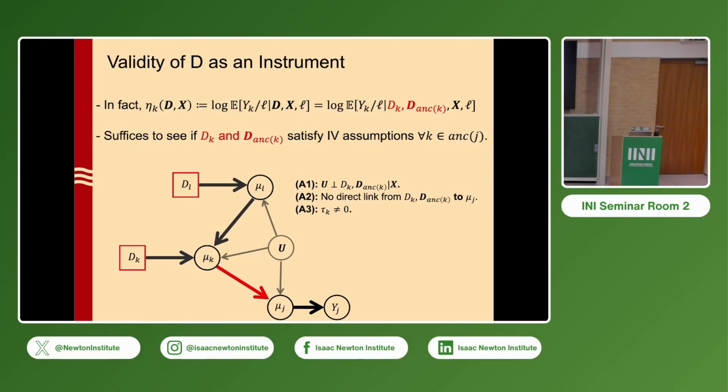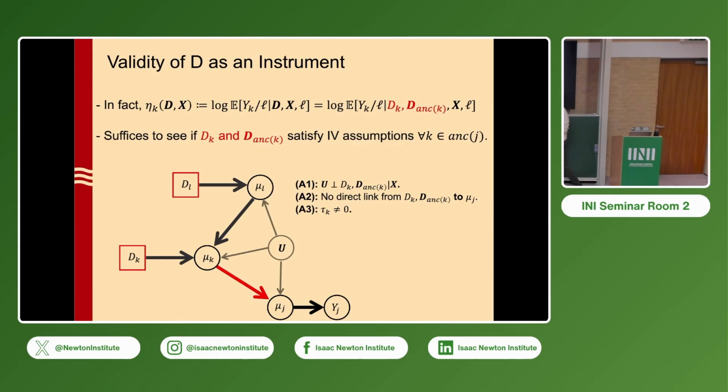Then we only need to consider the IV assumptions holding for these two when we want to learn the H over here. So you can see that this U and this D are independent, conditional on this X. This is met, and also there is no direct link from this D to this one over here. So that's the second assumption.